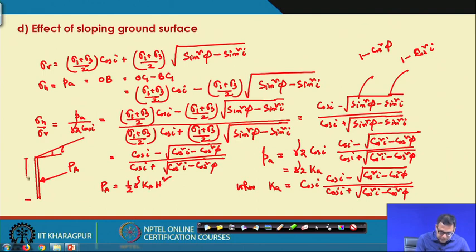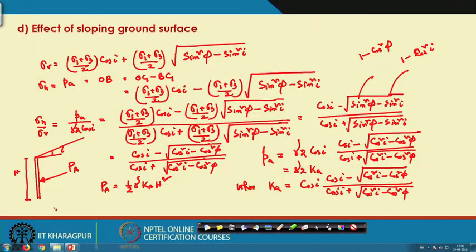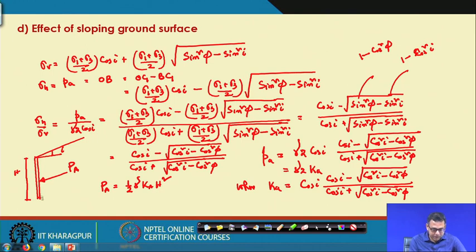So, this is the H, okay, or this H is the height of the wall, and later on I will show you that H calculation also we can change depending upon where I am applying this force PA, but here I am applying this force PA, so then this will be the H. Okay. So, that means H². So, here KA, remember that this is this expression, and again this is acting at the height of H by 3 from the base of the wall.